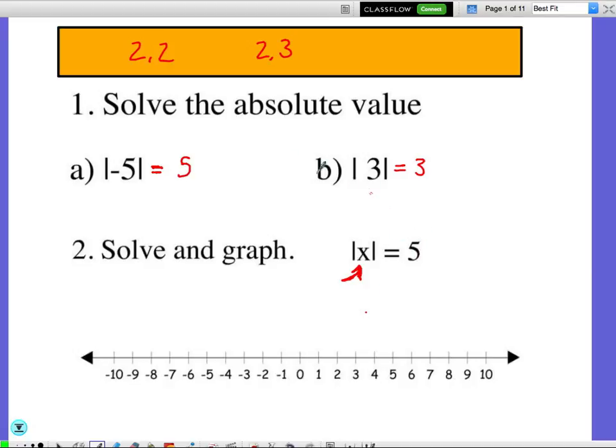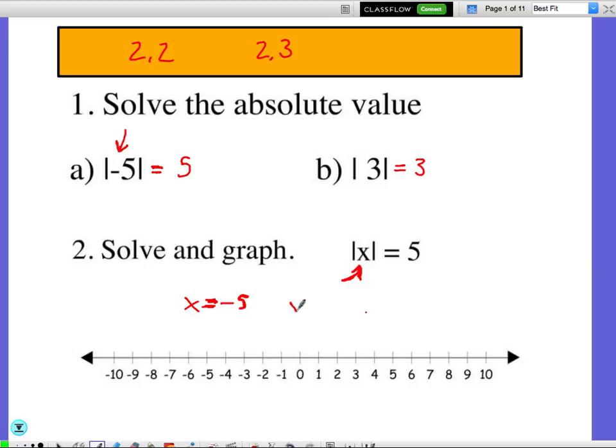Well, look at the previous two problems. Here I have positive 3. Here I have positive 5. So what did I plug in for x here? X equals negative 5. Now, is that my only answer? Is there something else that I can plug in besides negative 5 so that I get 5?